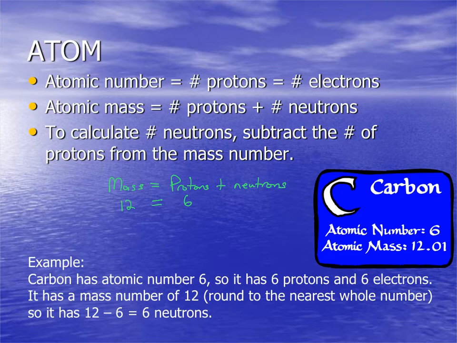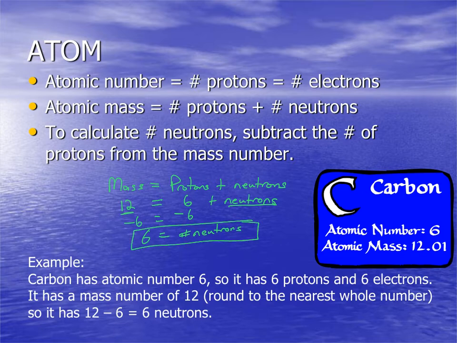And of course, the mass number is rounding off. How many neutrons do I have? Well, this is just a simple application of algebra. So how do I get the neutron number by itself? I subtract 6 from both sides, and that equals 6. So the number of neutrons is equal to 6.